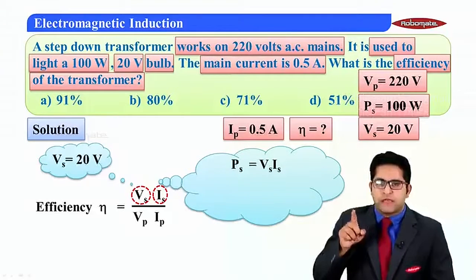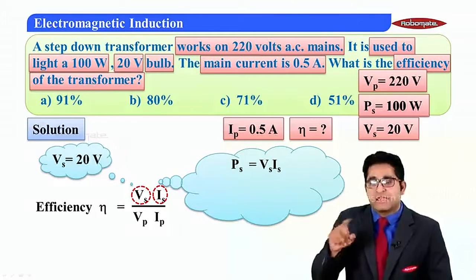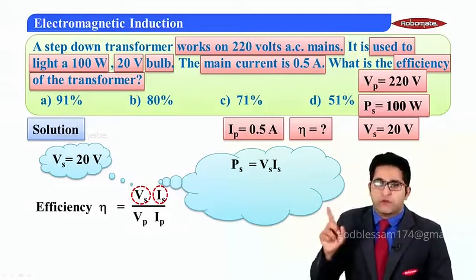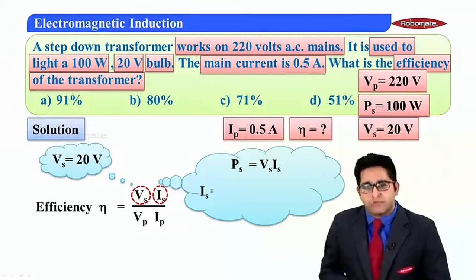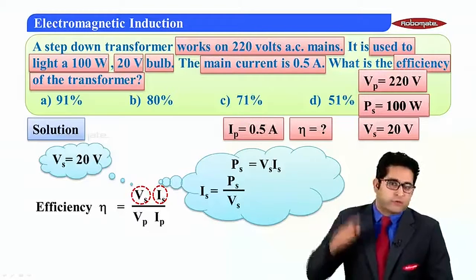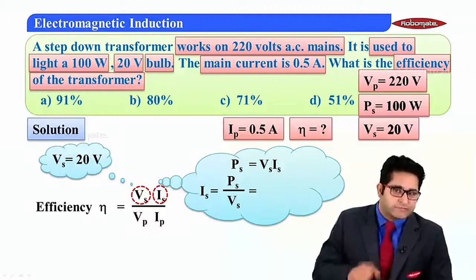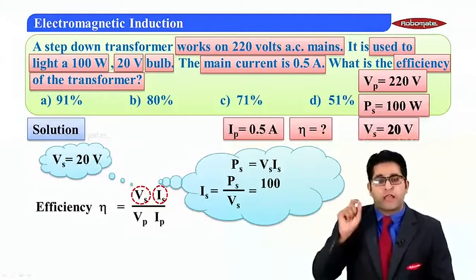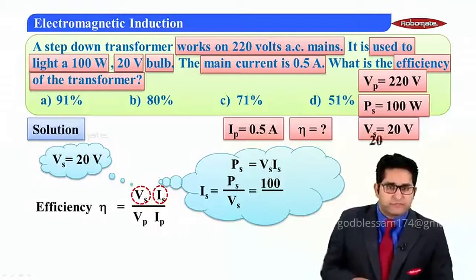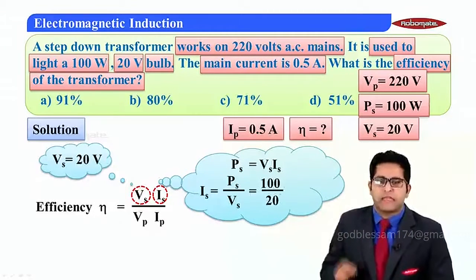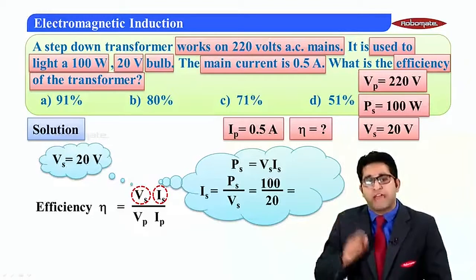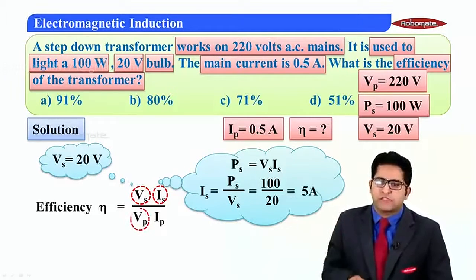From this equation, I can rearrange and get IS is equal to PS upon VS. PS is 100 watts, VS is 20 volts. So it will become 100 upon 20, which is equal to 5 amperes. So value of IS is 5 amperes.